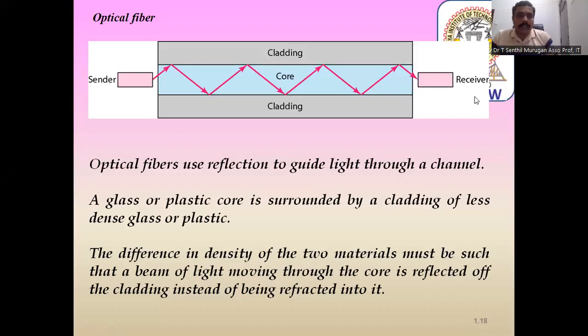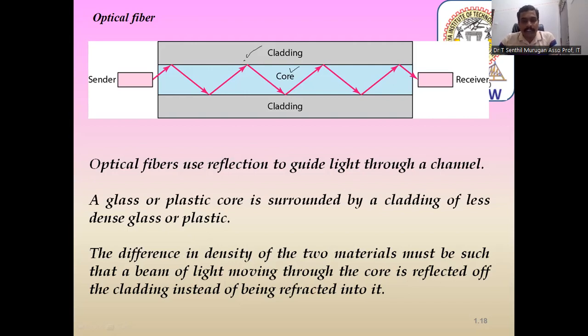You see this is the fiber optic, how the signals are transmitted as light. In these optical wires, glass material is inside. The glass is considered the core material. The core, glass or plastic, is covered with cladding, which restricts the signal from going out and restricts the refraction. It is surrounded by a cladding of less dense glass or plastic.